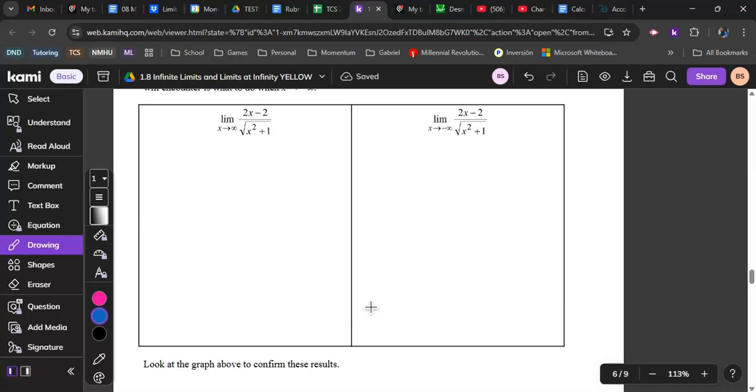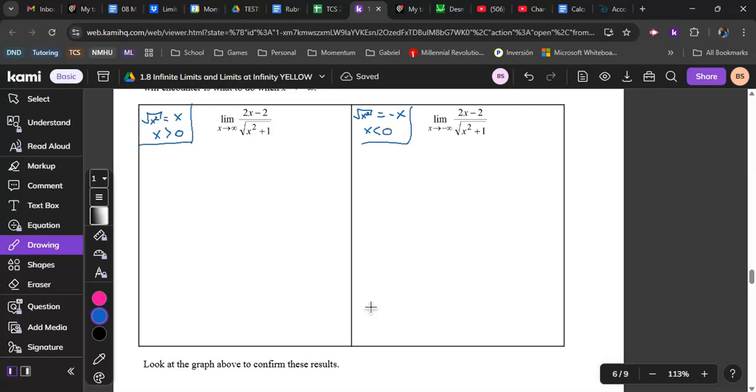So here's what I want you to think of. The square root of x squared is equal to x if x is bigger than 0. Over here, the square root of x squared is equal to negative x if x is less than 0.